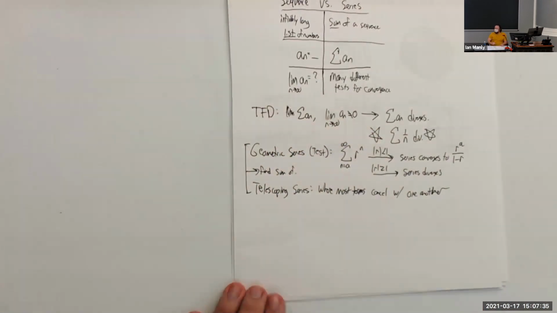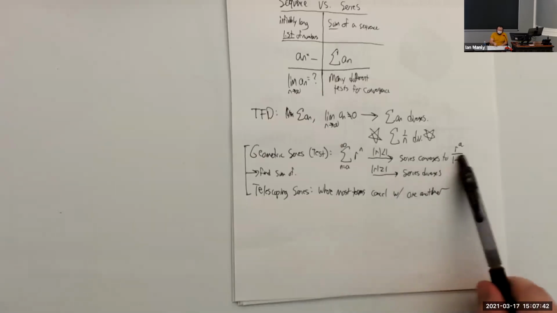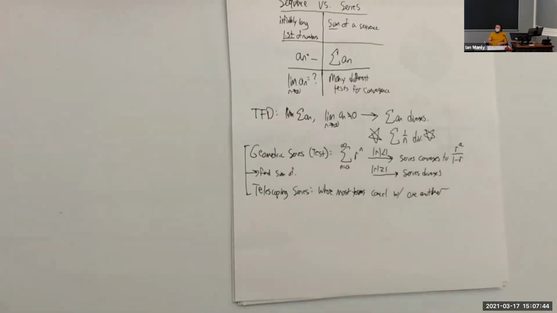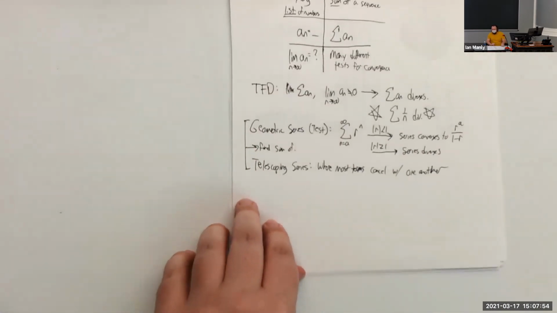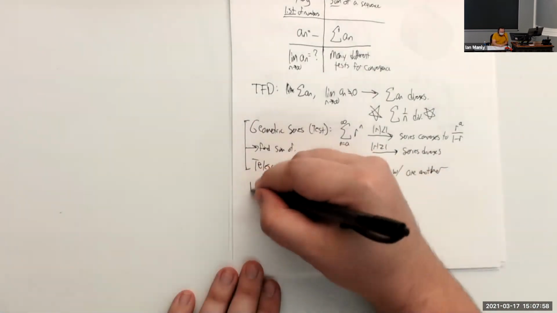So if we ever ask you to find the sum of a series, it's going to be one of these two series. It's either going to be geometric, where you're going to use this formula here, or it's going to be telescoping, where you write out terms until you see the pattern, and then take the limit as n goes to infinity of whatever formula you write down for that. So these are the two series we can find the sum of, but the rest of them we can usually only see if they converge or diverge, and that's it.